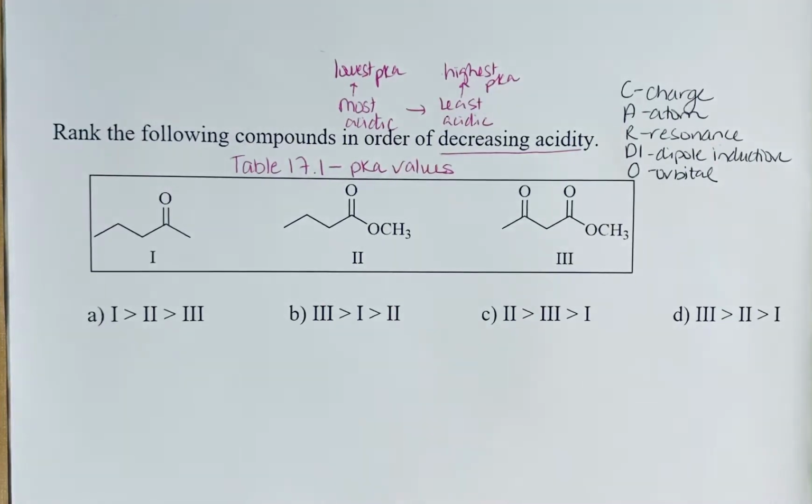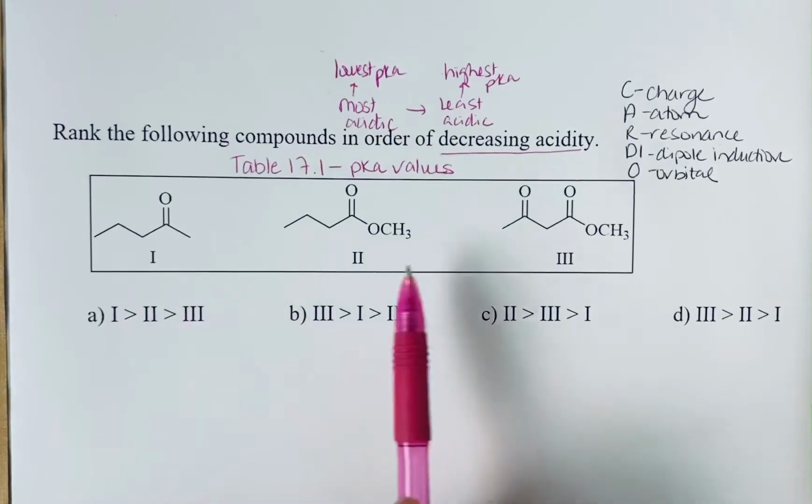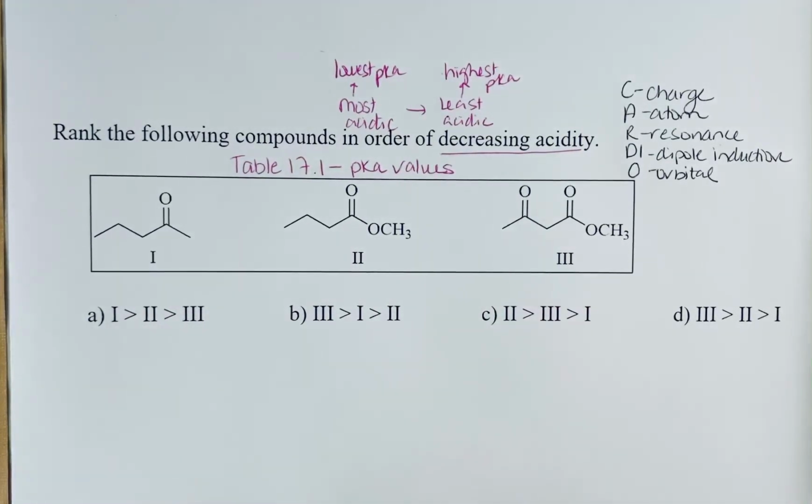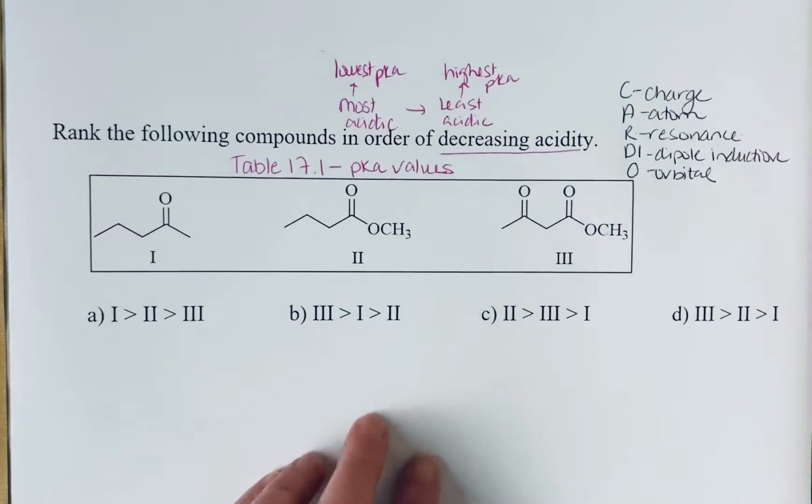We don't see any charges here, so that's not a factor. Atom is what atom that hydrogen is attached to. We saw two things that affect acidity based on atom: electronegativity and size. In this case, all of the hydrogens in all 3 of these molecules are attached to carbon, so that's not going to be a factor. Then we get down to the next thing, resonance. This is going to be a factor.